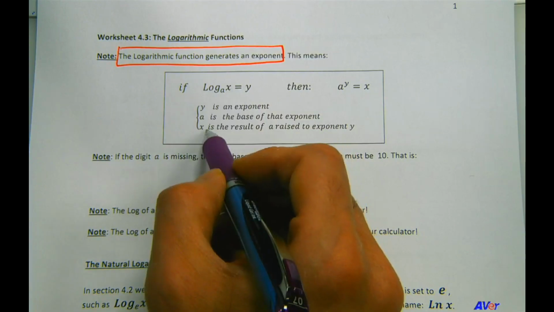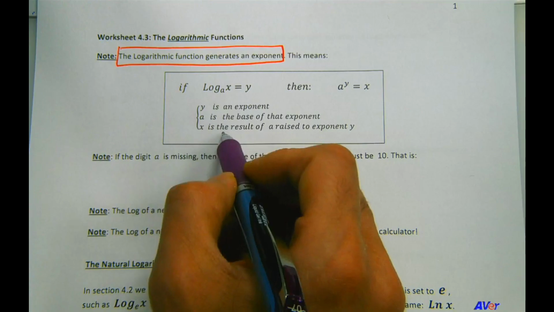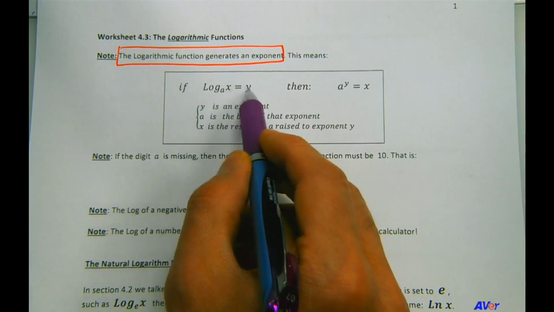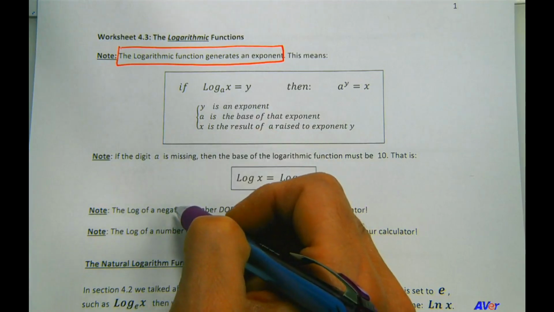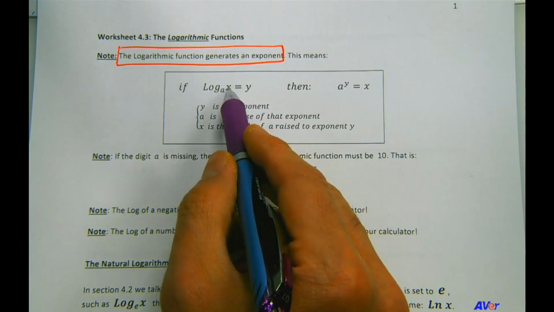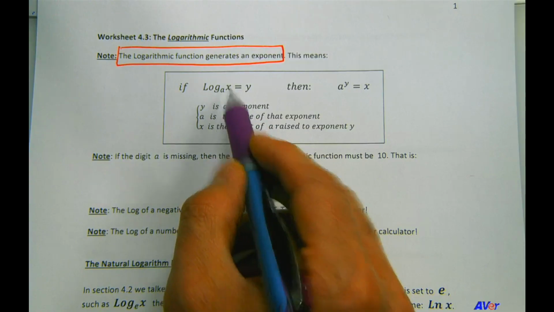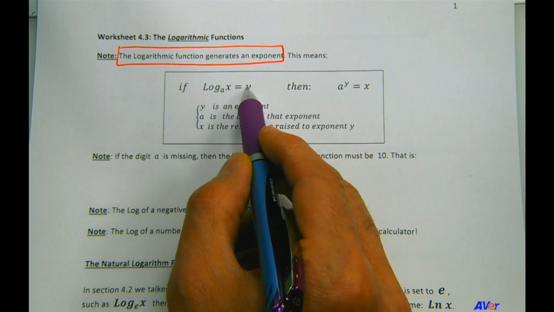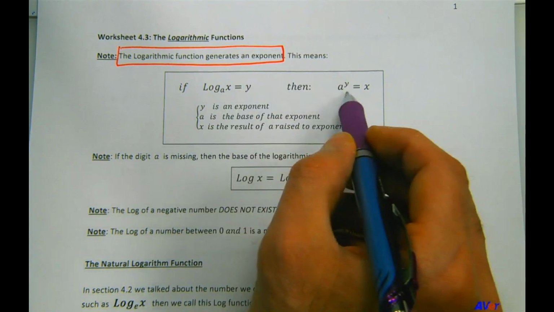And x is the result of this base raised to that exponent y. Once again, x is the result of raising this base to that exponent. You can see that clearly here.